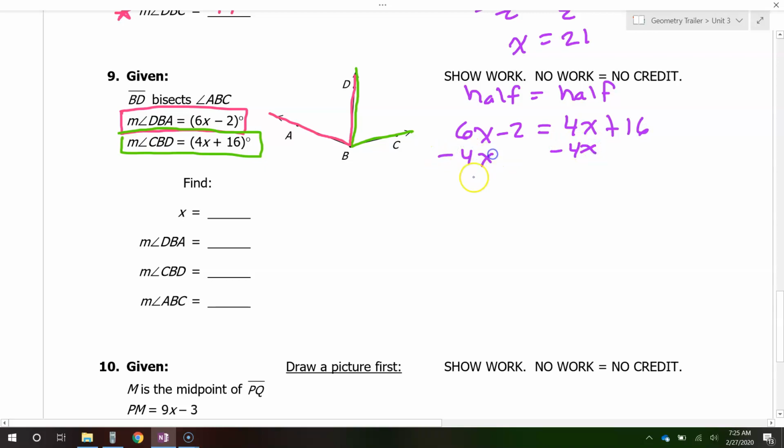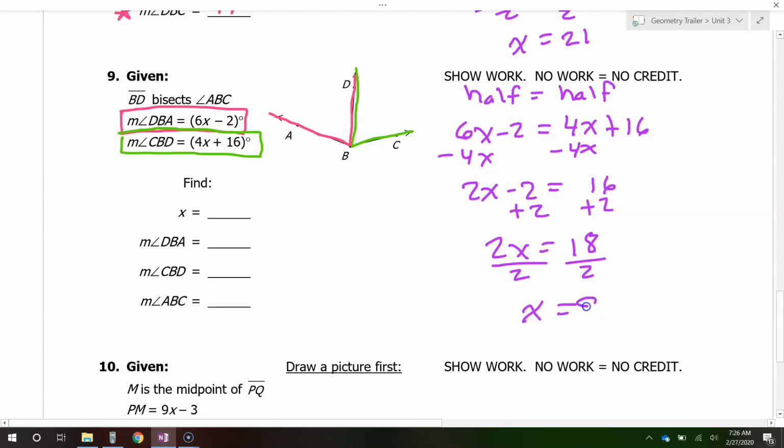Subtract 4x from both sides. So we have 2x minus 2 is equal to 16. Add 2 to both sides. We have 2x is equal to 18. And then divide by 2. You get x is equal to 9.